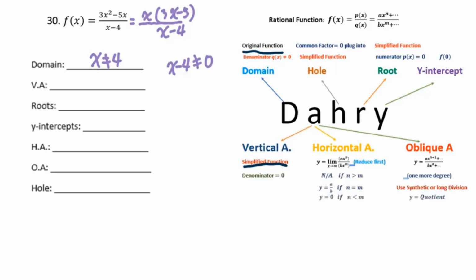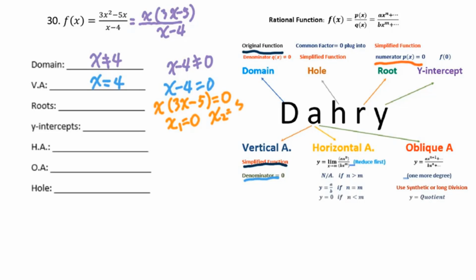Vertical asymptote line, denominator equal to 0. So x minus 4 equal to 0. x equals 4. Roots: make the numerator equal to 0. Therefore, I got x times 3x minus 5 equal to 0. Therefore, x1 equal to 0, x2 equal to 5 over 3.